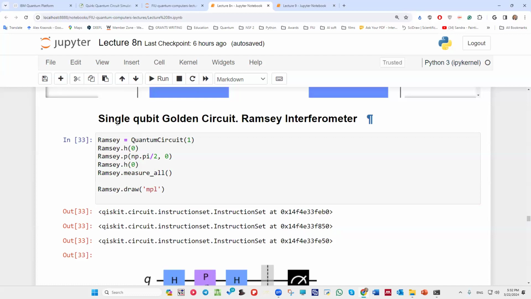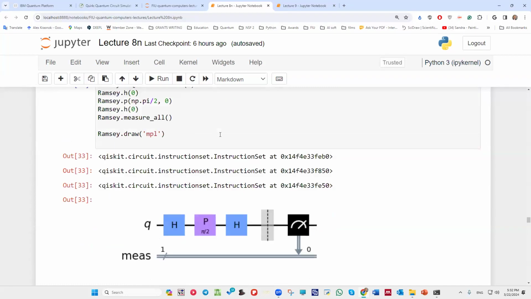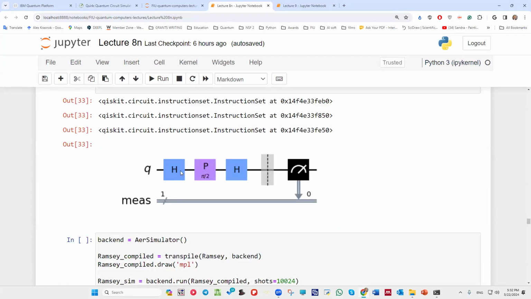We also discussed the single-qubit golden circuit, which essentially opens with a Hadamard gate, which creates two possibilities, the interference of these two possibilities of two states, the 0 state and the 1 state, right? It creates the superposition of two states.